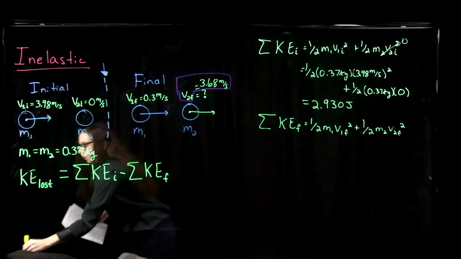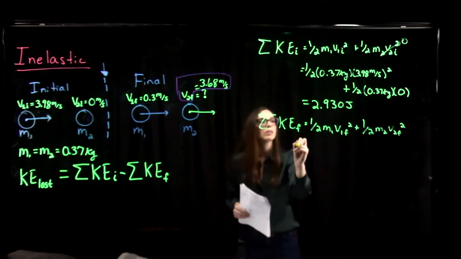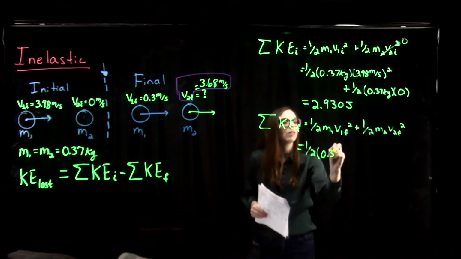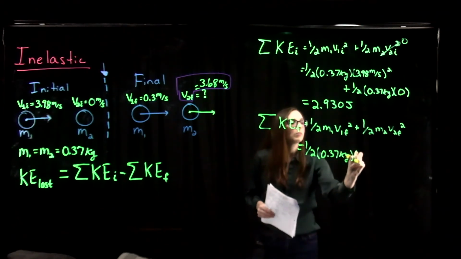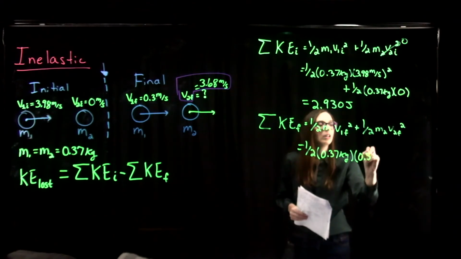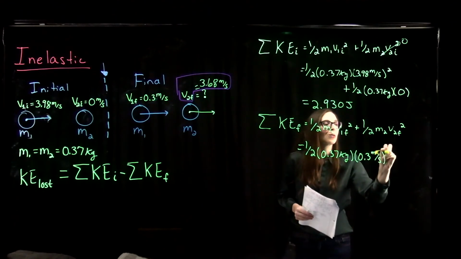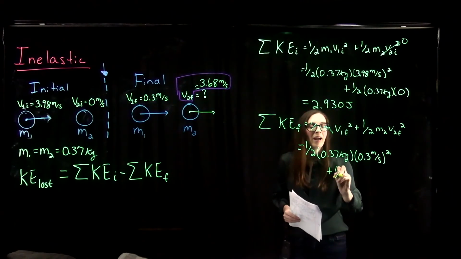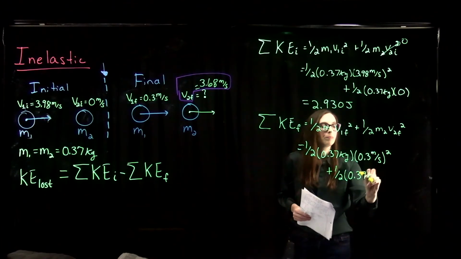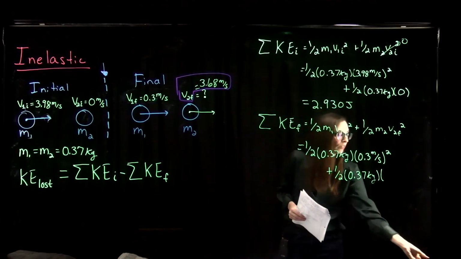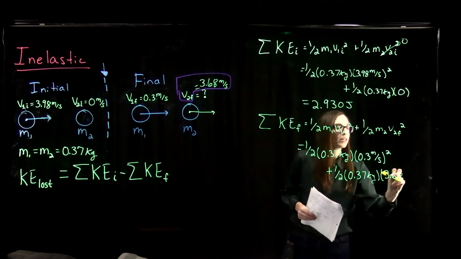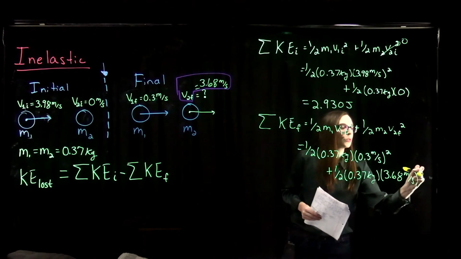So we'll do 1/2 M1, which is 0.37 kilograms, times V1 final, the final velocity of ball 1 after the collision, 0.3 meters per second squared, plus 1/2 times M2, 0.37 kilograms, times the final velocity of ball 2, which we just found, 3.68 meters per second squared.